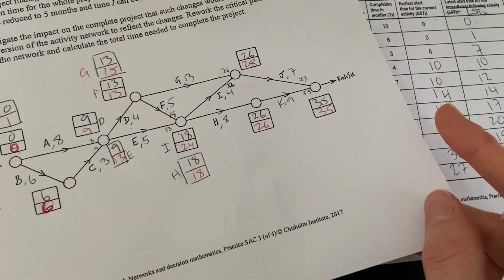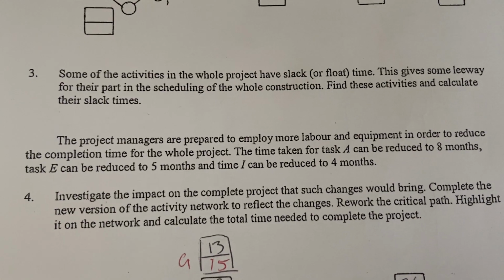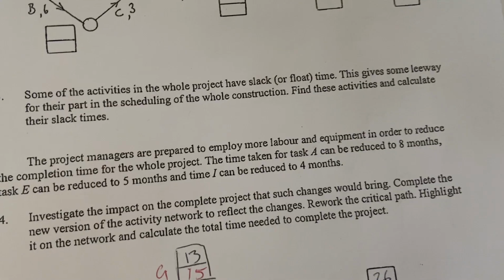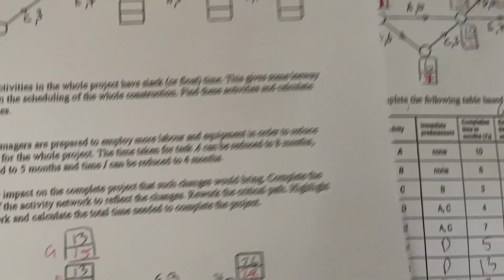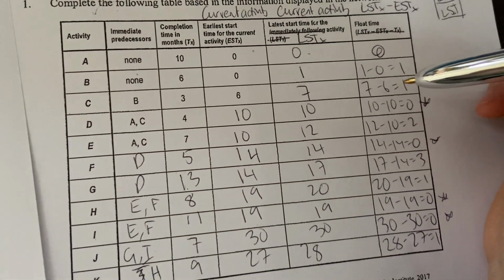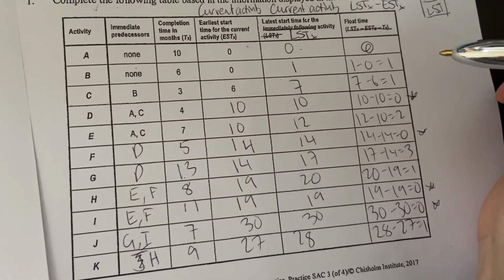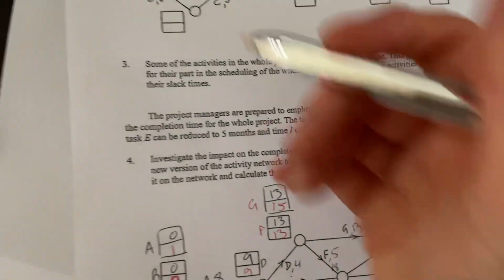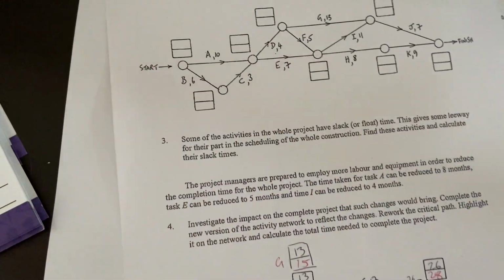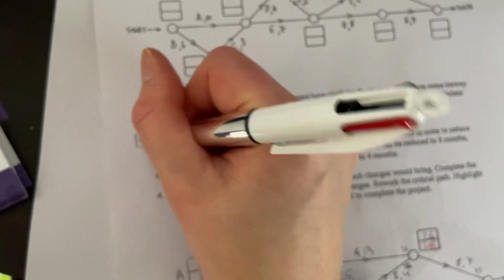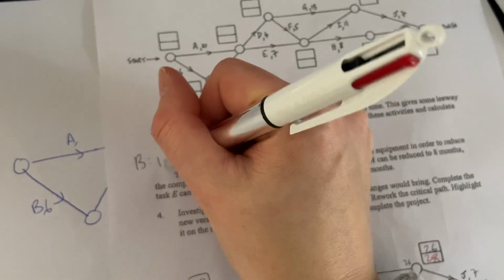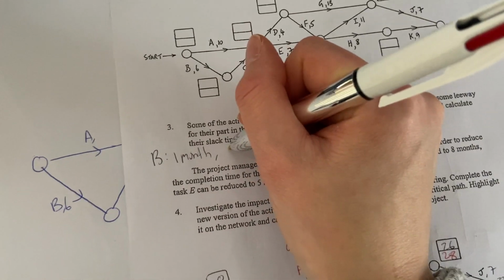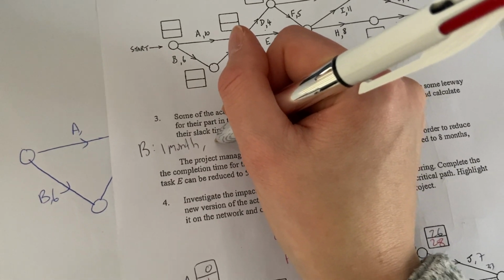I'll just double check. I haven't missed anything. Oh yeah, so remember this question here is asking for the float time. So I think it's just find the activities that have float time. So you can see you just write all the ones that have a time that's not a 0. Okay, so if I just write that out, it'll be B1, I think this is months. Yep, apparently it's months. Okay, so 1 month. And then C is 1.